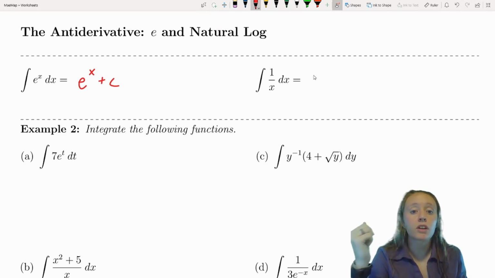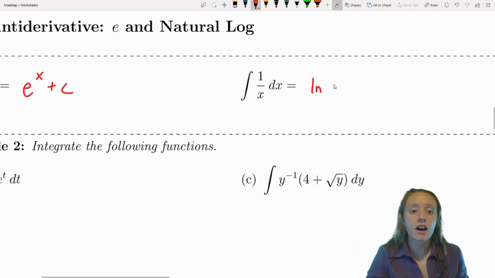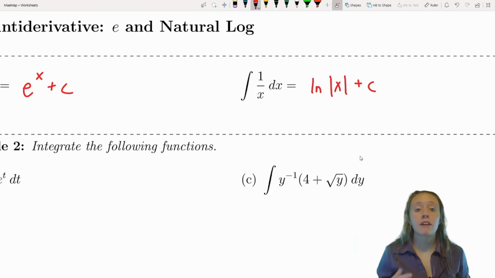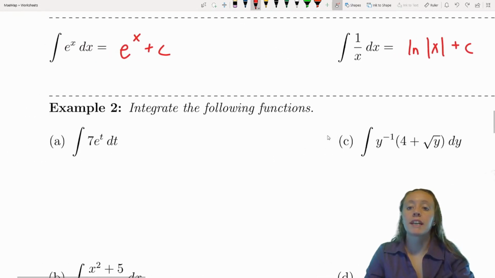So integrating 1 over x gives us the ln of the absolute value of x plus c. And we need to make sure we have the absolute value of x in here, because remember the domain of the ln function, that's for numbers that are greater than 0. So let's move on and do a couple quick examples.